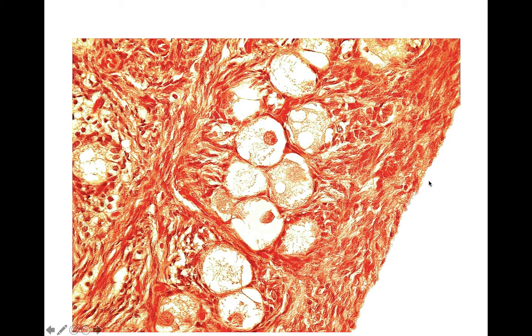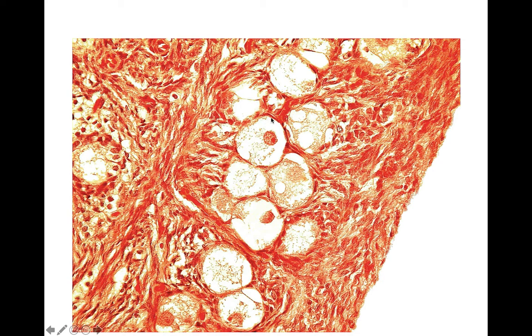So here is the edge of the ovary, right? And fairly close to the edge, and don't forget this is magnified probably 500 times, maybe even more, so this is strong magnification, you have these little balls, little structures called follicles.